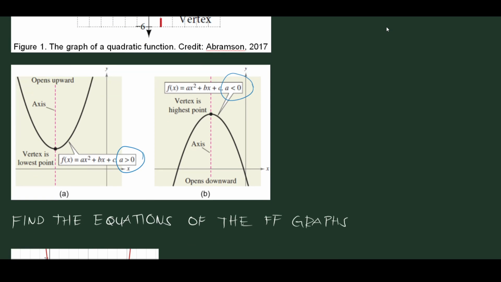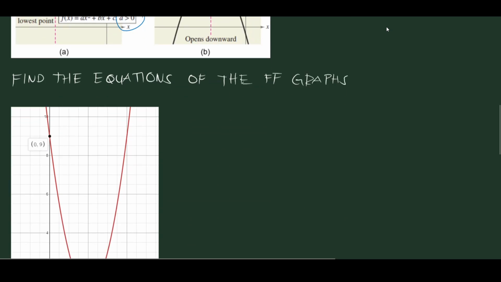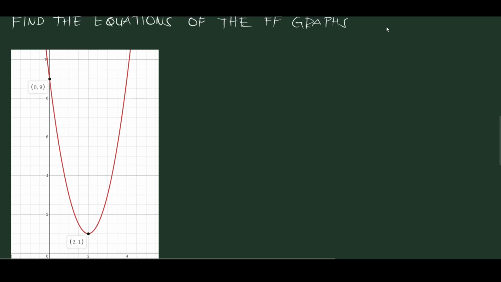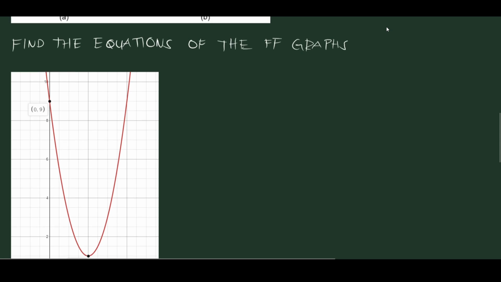Okay, so given this graph, let's try to find its equation. As you can see here, the vertex is at (2, 1), and we have a y-intercept of (0, 9). We don't have any x-intercepts here. So our (h, k) is (2, 1).